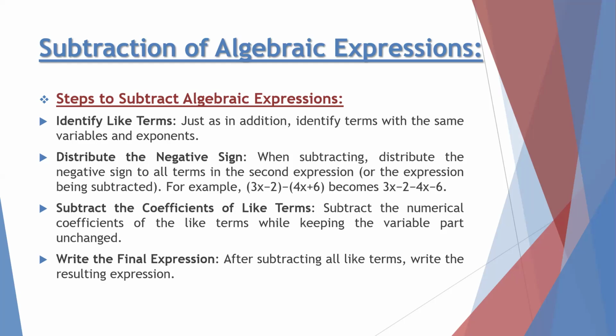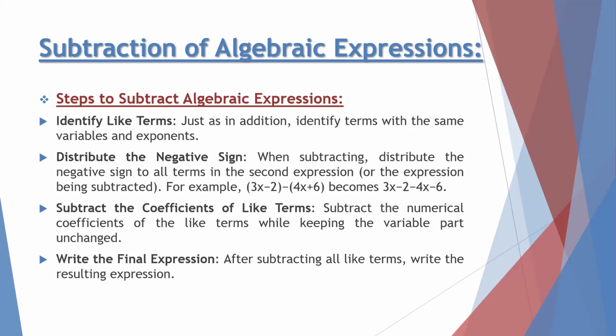For example, 3x minus 2 whole minus 4x plus 6. It becomes what? It means you need to change the sign of the second bracket. The first stays as it is, 3x minus 2, then minus 4x minus 6. So you have to change the sign of the second bracket.